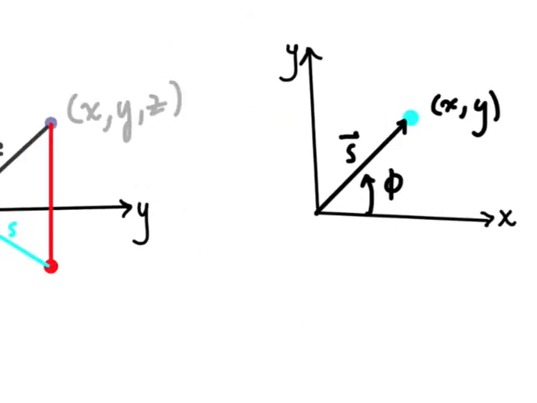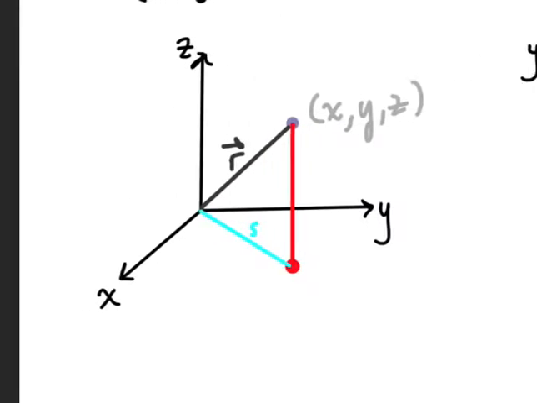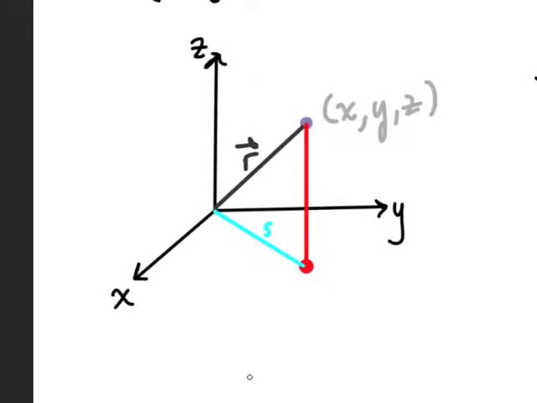The same holds true in the three-dimensional system. We still have our xy plane, we still have our S, and we still have this angle from the x-axis to the position vector called phi.